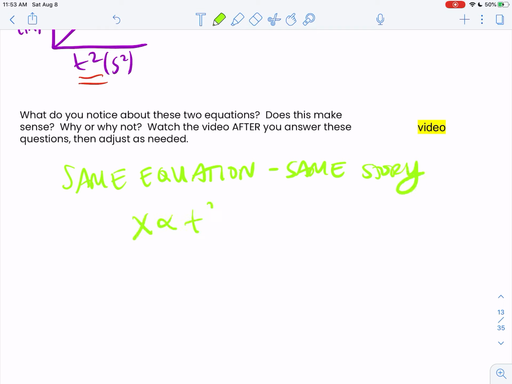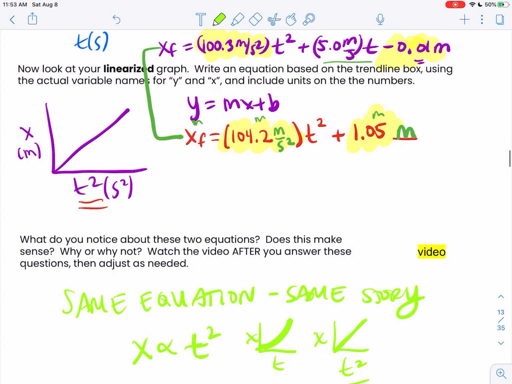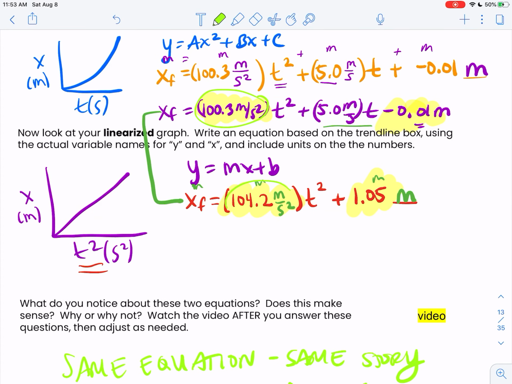X is proportional to t squared, whether we see the squared in the shape or whether we see the squared in the variable. Those should be, in effect, the same equation. These numbers, given the techniques we have, are very close. And then just don't worry about this middle number for now.